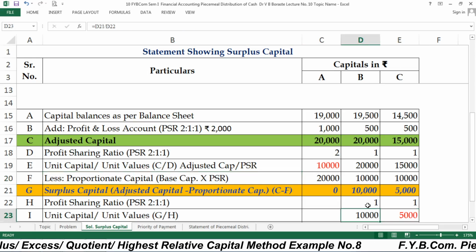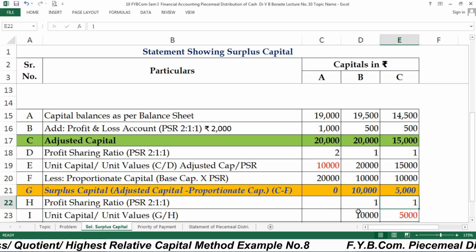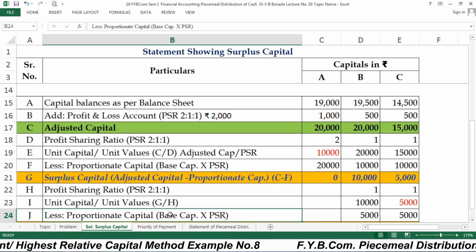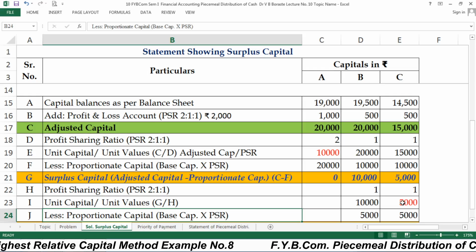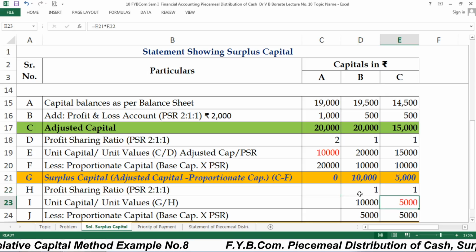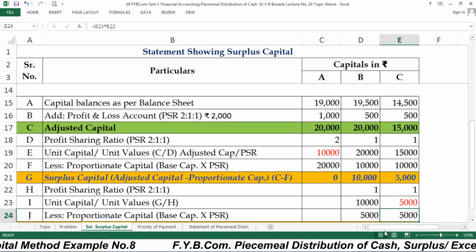Base into profit sharing ratio. So 5,000 into 1, 5,000; 5,000 into 1, 5,000. You can see here proportionate capital is base into PSR. 5,000 is the base and PSR is the profit sharing ratio. 5,000 into 1, 5,000, in case of B and C.